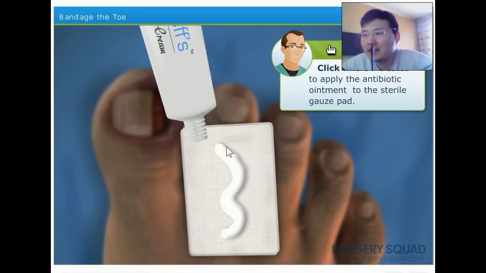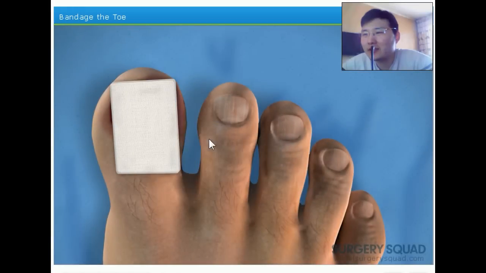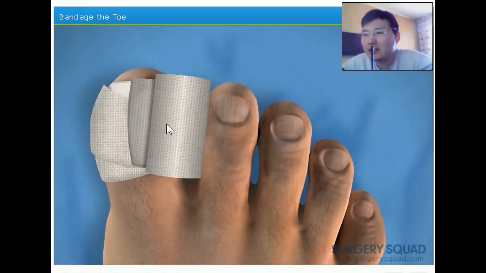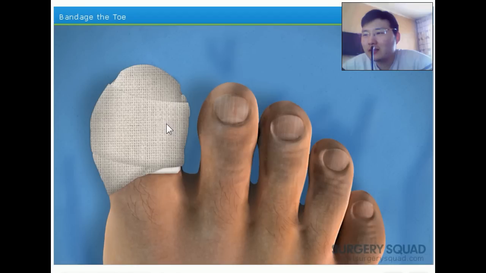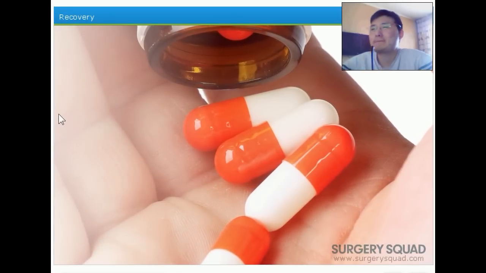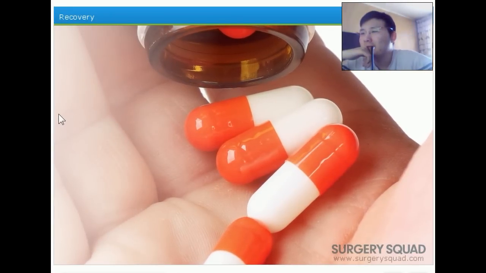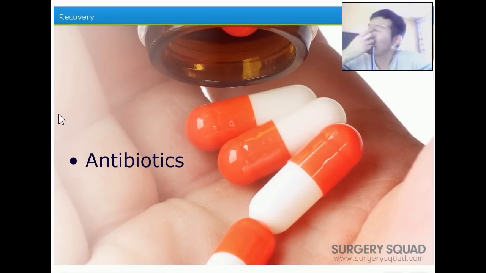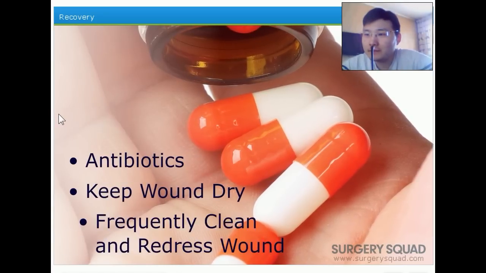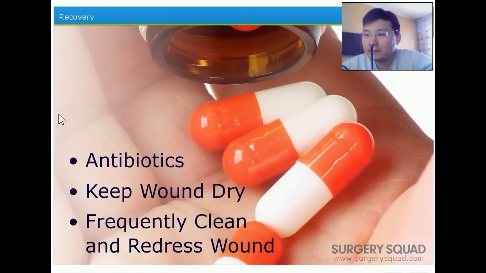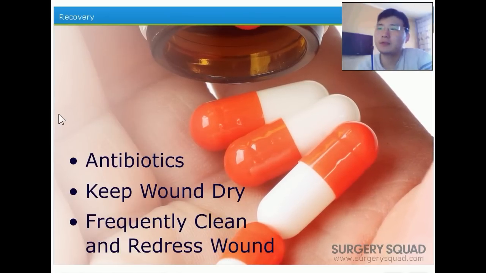Place it against the toe and wrap it in a gauze bandage. Fantastic job! Since there was some obvious infection, our patient will be sent home with a prescription for some antibiotics. We'll also need to tell our patient to keep the wound dry, clean the wound regularly, and replace the bandage 2 to 3 times a day.